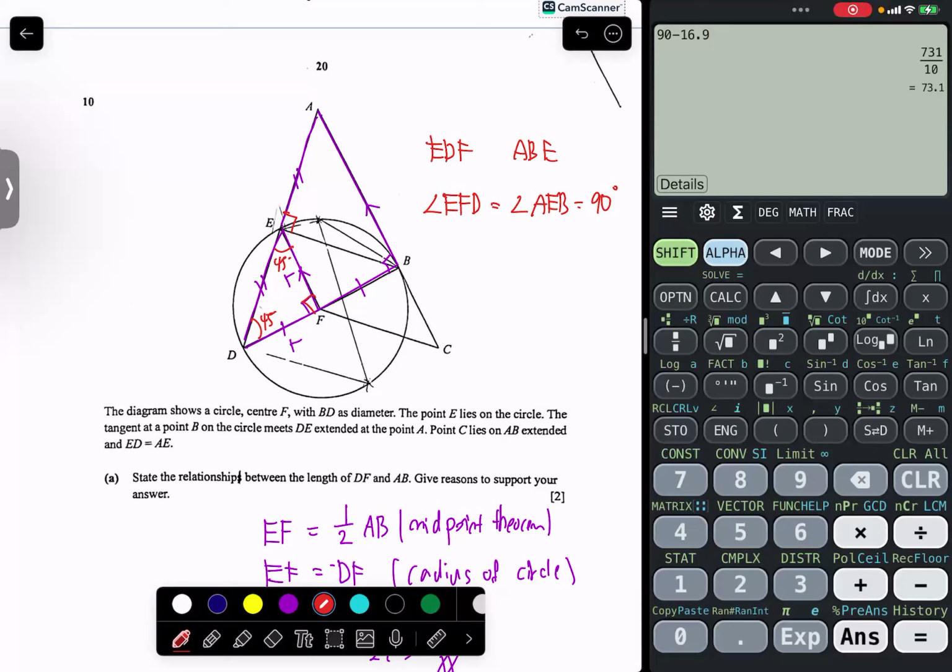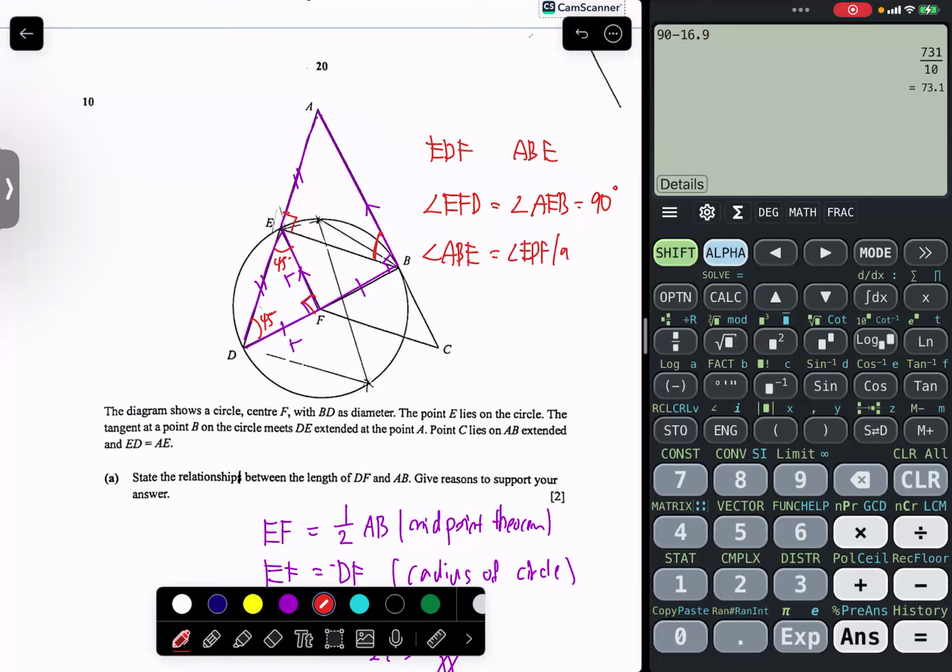If I prove that, okay, this angle is alternate segment, right? So angle ABE equals angle EBF.